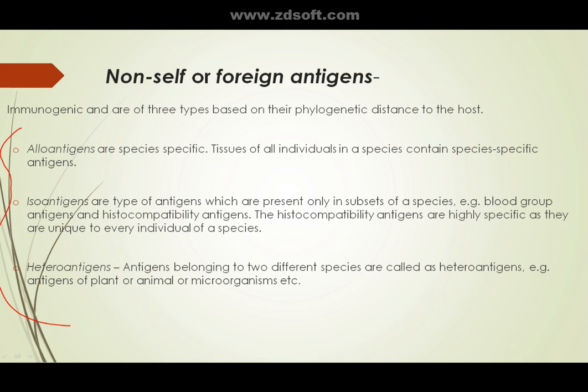Then what about isoantigens? One example of an alloantigen is the MHC molecule. No, MHC is an isoantigen, sorry. Isoantigens are antigens present only in a subset of a species. Examples are blood group antigens and histocompatibility antigens. The histocompatibility antigens are highly specific, as they are unique to every individual of the species.